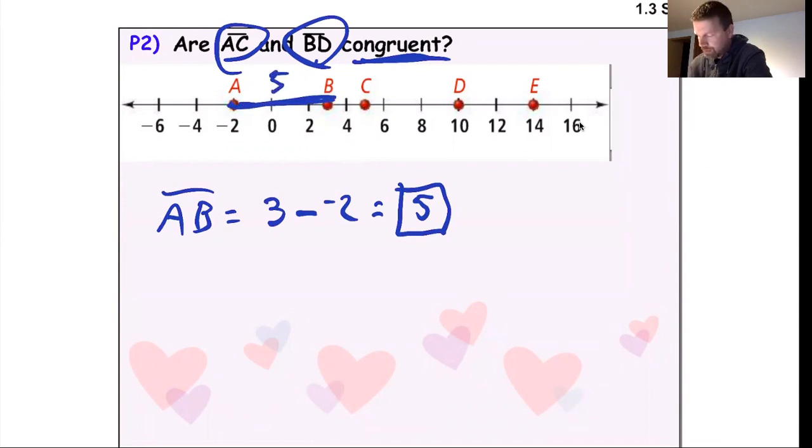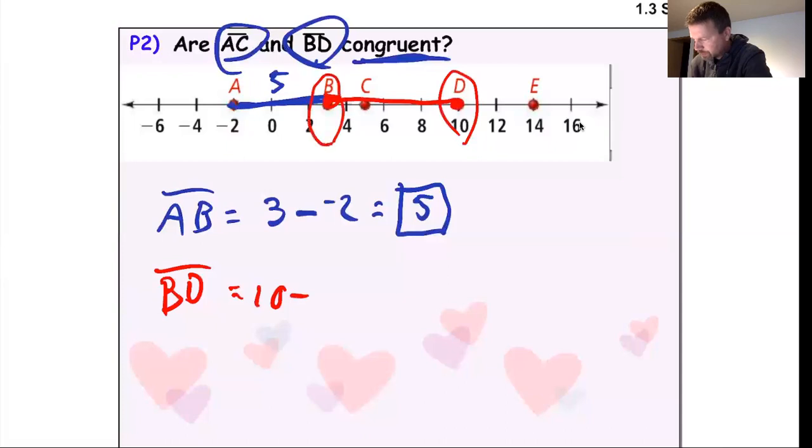Then it wants to see if BD is the same length. So let's take a look at BD. Let's change color here. BD starts here and goes there. Let's use that subtraction technique again. BD is at 10, minus, that was right between 2 and 4, so that's at 3. 10 minus 3, that's 7.